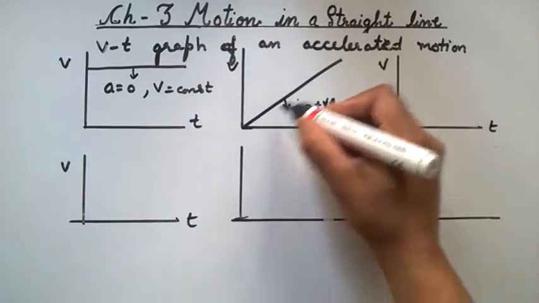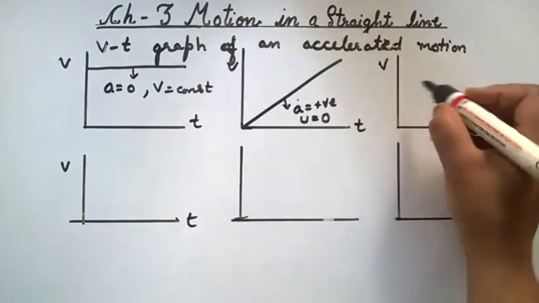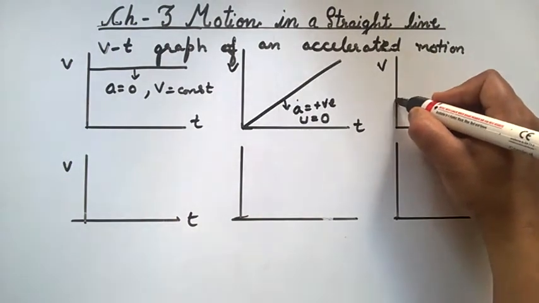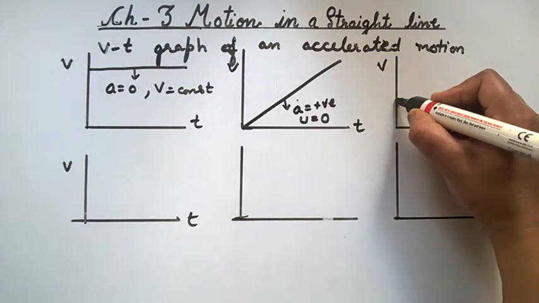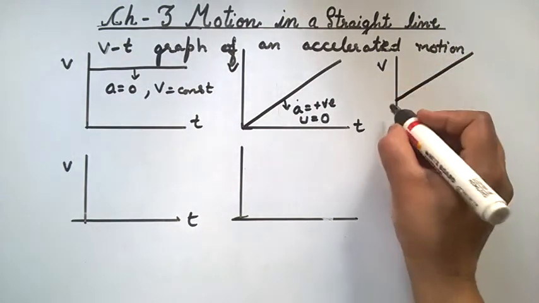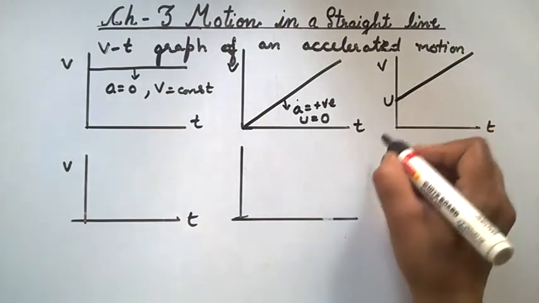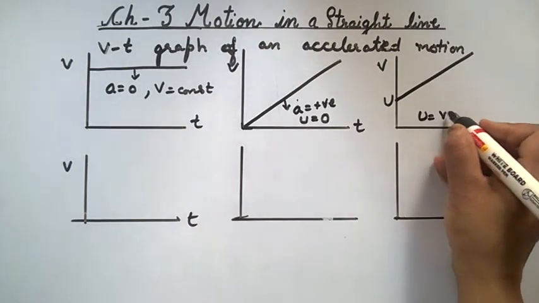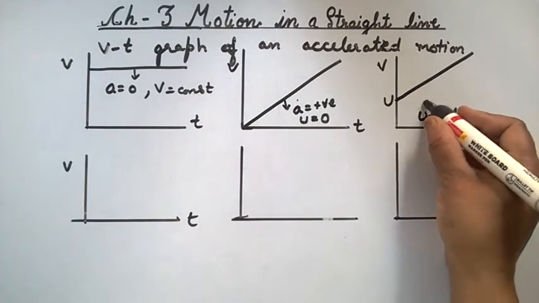It is given by a straight line. Next, if the body is doing positive accelerated motion, having some initial velocity, then it will start with some initial velocity. So u has some value and a is positive.